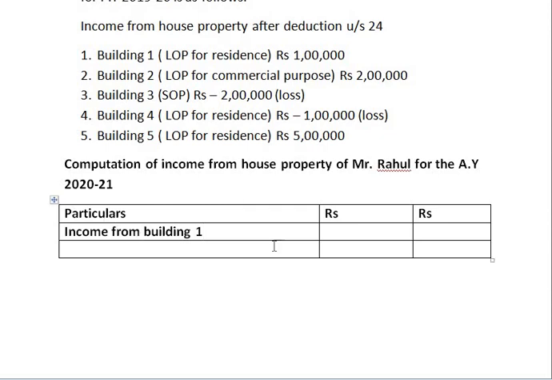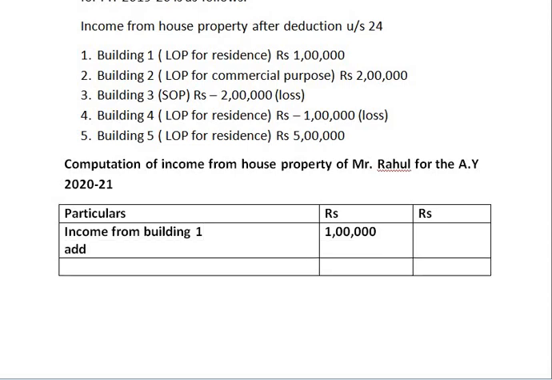So income from building 1 is rupees 1 lakh. Then we have to add other incomes of building. So income from building 2 is 2 lakh.